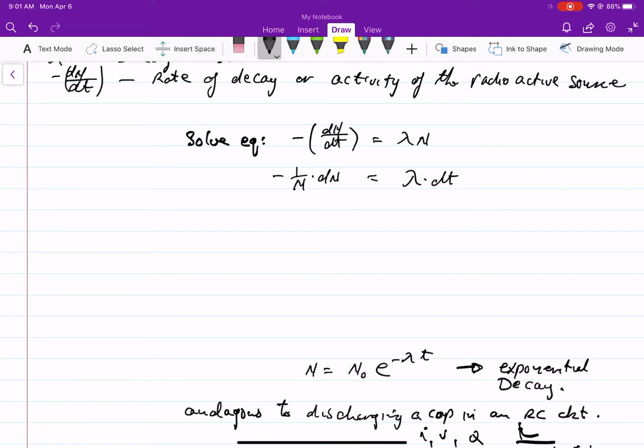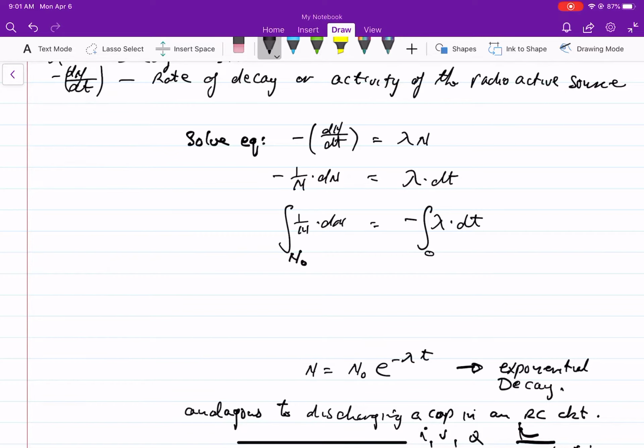Then integrate both sides at the same time. This becomes the integral of 1 upon N dN is equal to minus the integral of lambda dt. I want to use limits on my integral. Initially, when time is 0, there is an initial number of parent nuclei present in the sample, which I'll call N0.